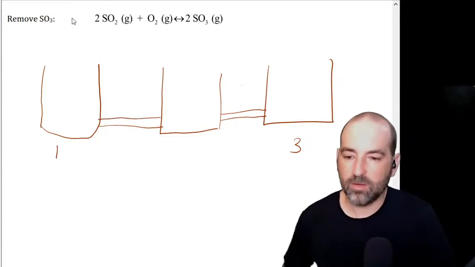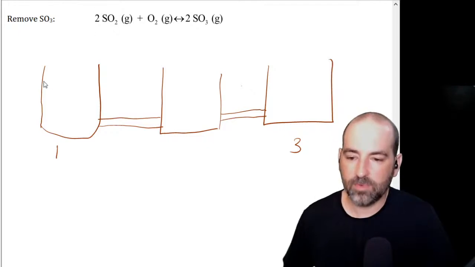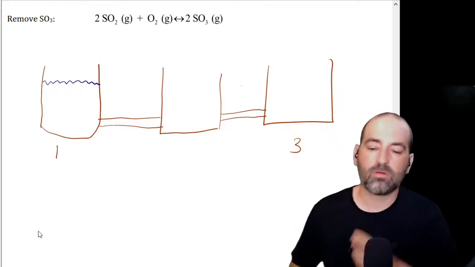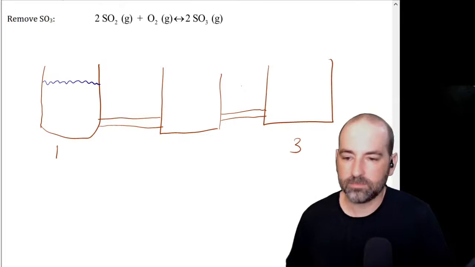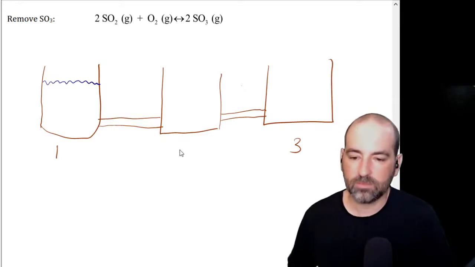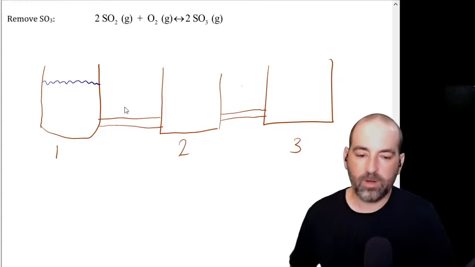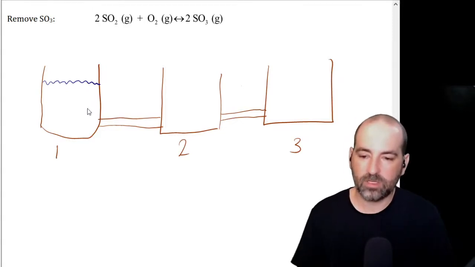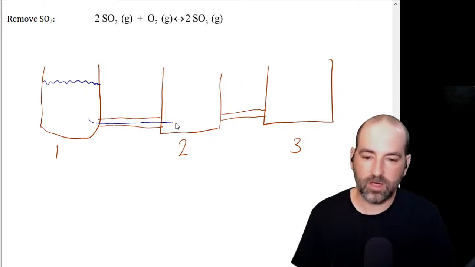If we only fill up tank number 1, what happens? Well, the water is going to flow out into number 2, right? And if we have water also in number 3, that's also going to try to go this way.